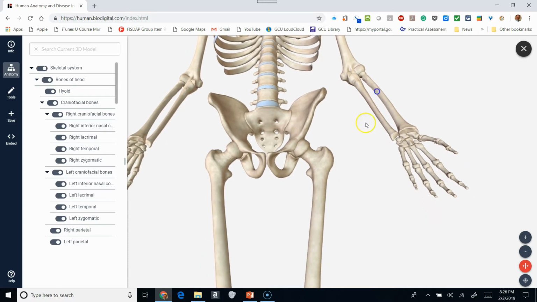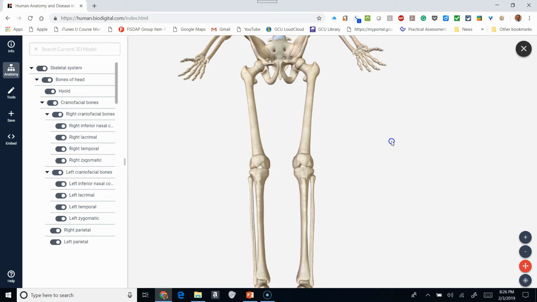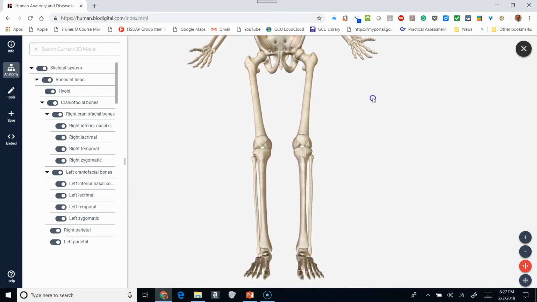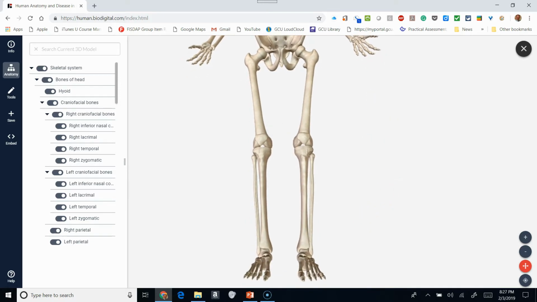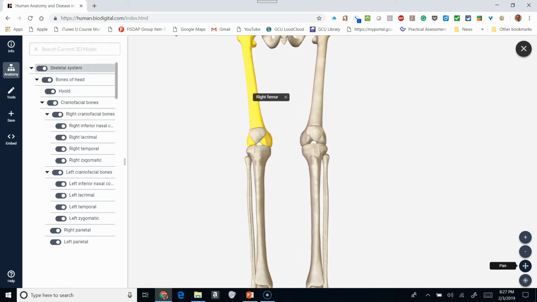Now let's take a look at trying to deal with the rest of the lower extremities. Okay, so the rest of our lower extremities, as we take a look here, are going to be dealing with, here is our femur. And our femur, we have one on each side, is going to be the largest bone in the leg. Actually, it's one of the largest bones in the entire body.